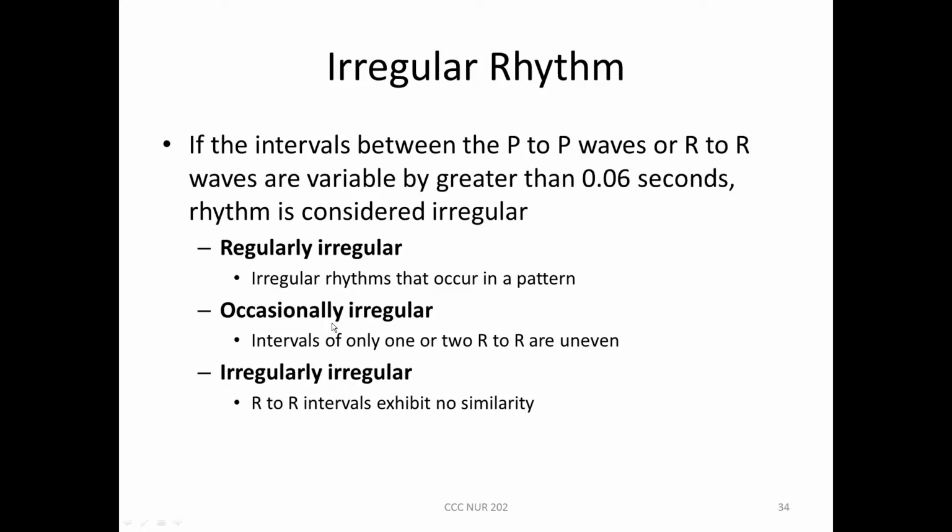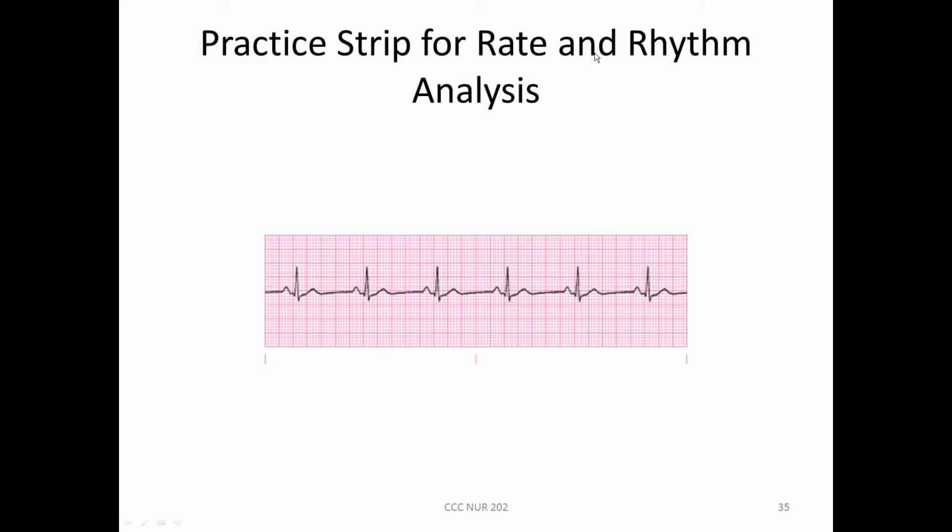And occasionally irregular is when the intervals of 1 or 2 R to R's are uneven. That's when you have an occasional one. And irregularly irregular is when the R to R intervals exhibit no similarity at all. So, practice strip for rate and rhythm. You would need to measure this out.